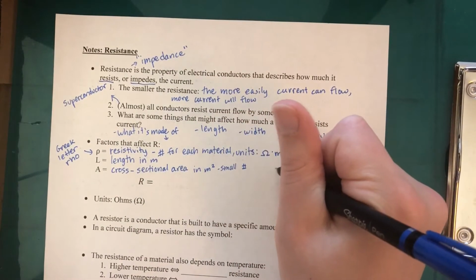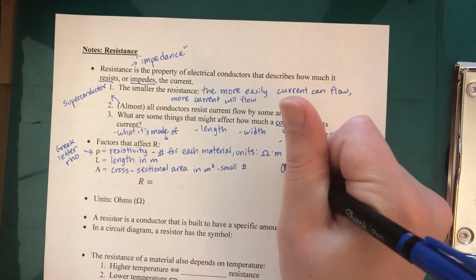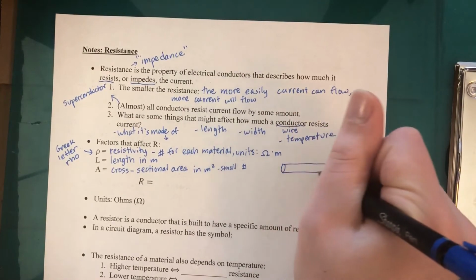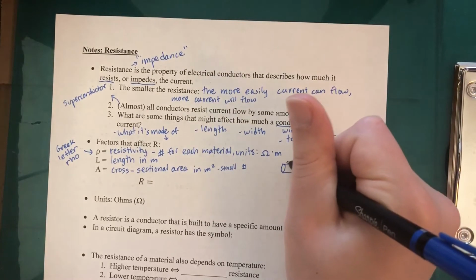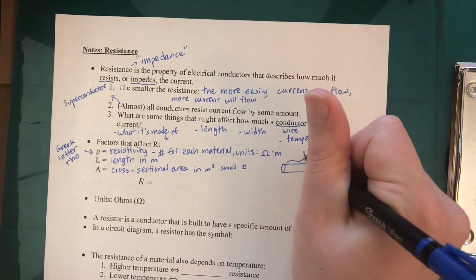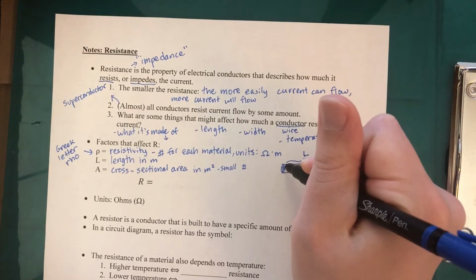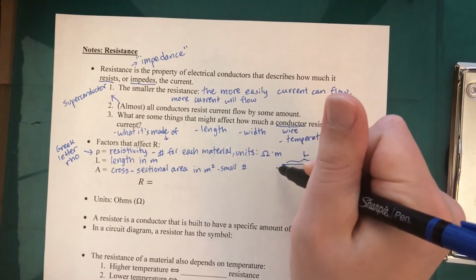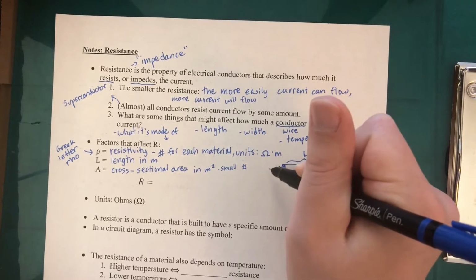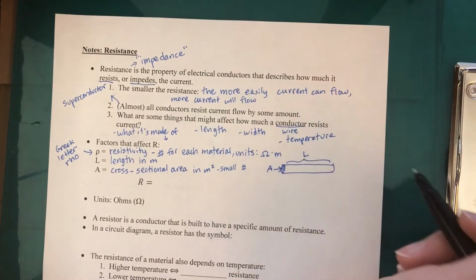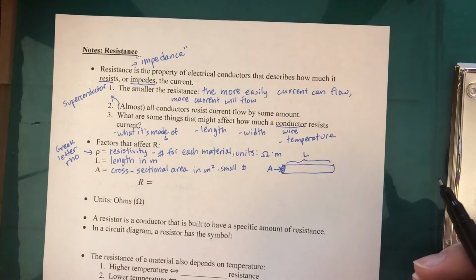Because if we picture a little wire, this would be the length. If you were to chop up that wire and measure the area of this circle, that's the cross-sectional area.